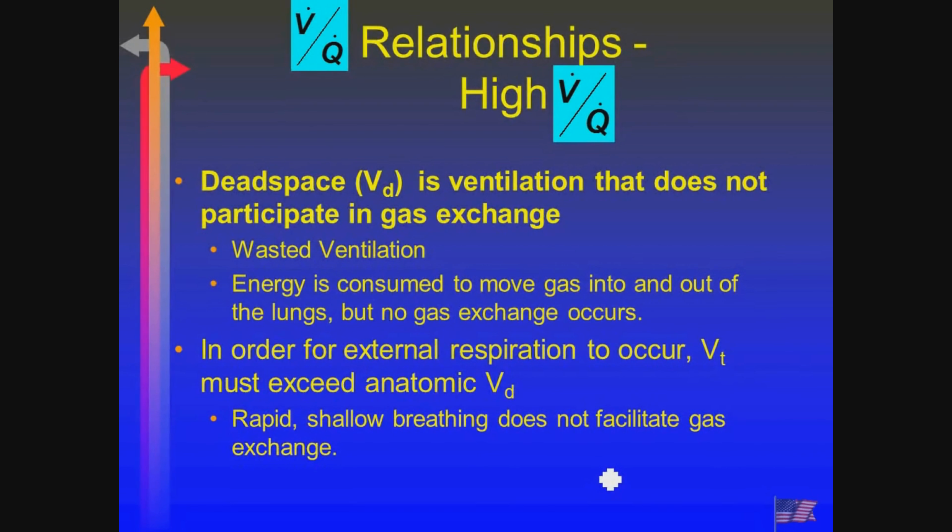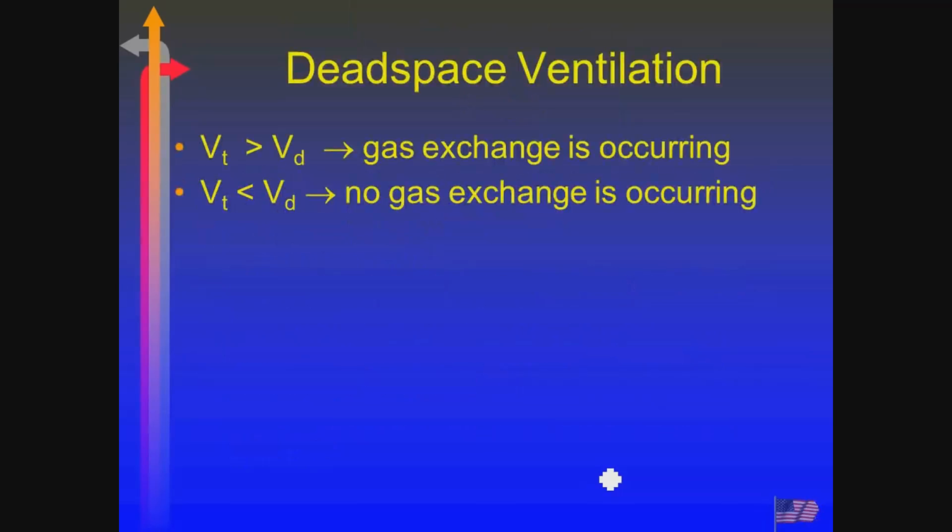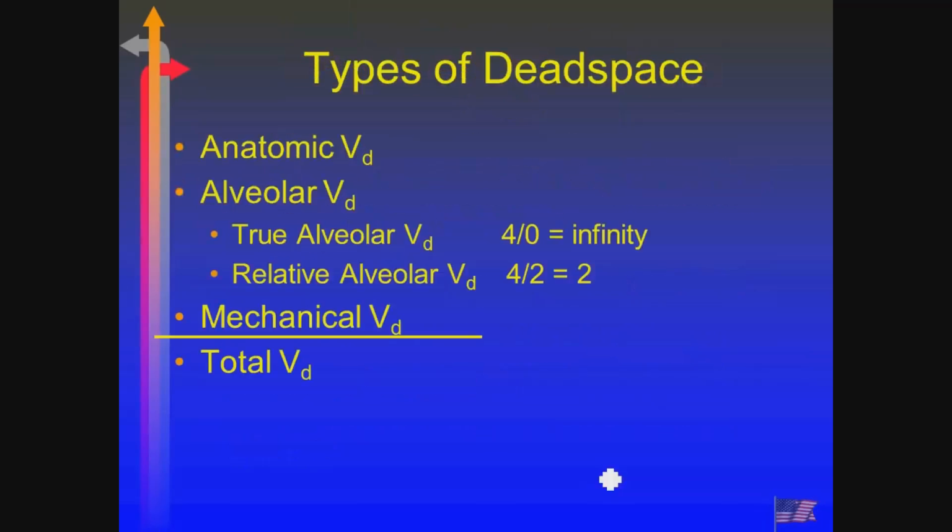The exception to this, obviously, is high-frequency ventilation, where despite the fact that we end up having rates in the 300-400 range, you still have adequate gas exchange. Totally different process that goes on there. That's basically what we're saying.